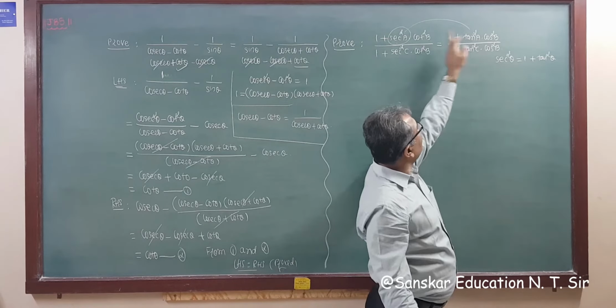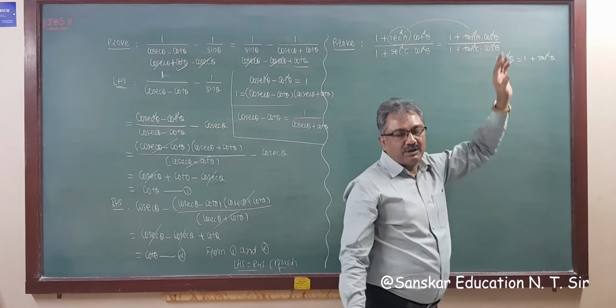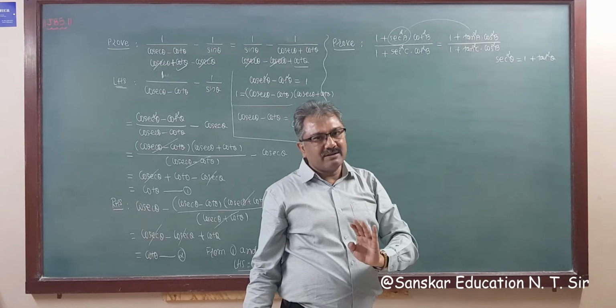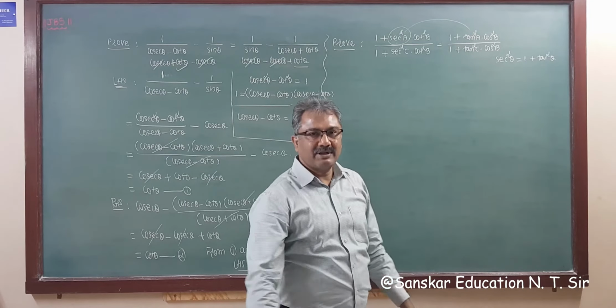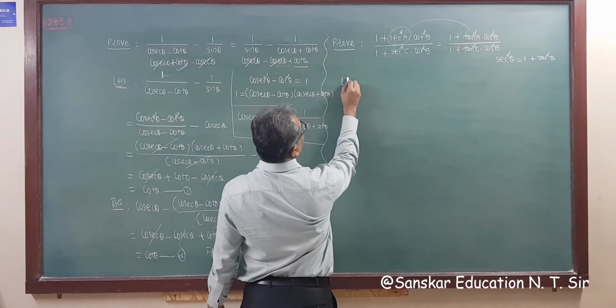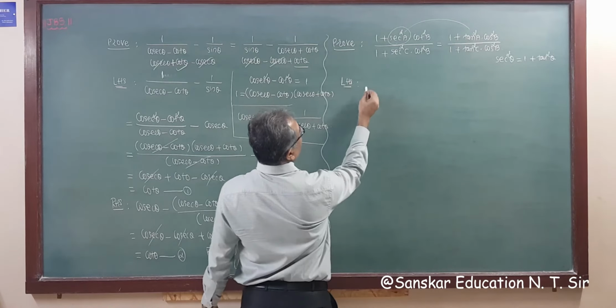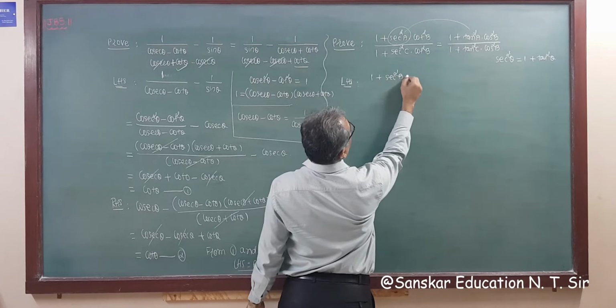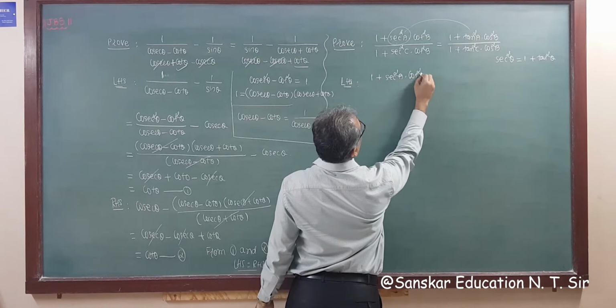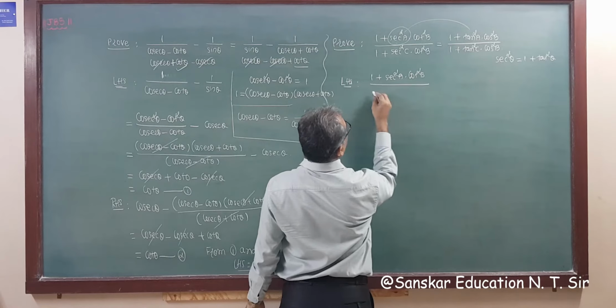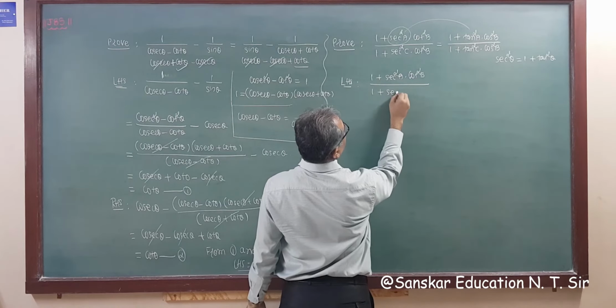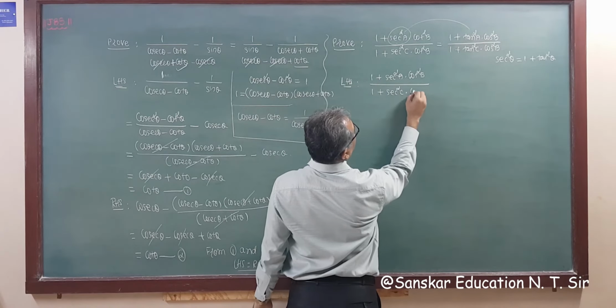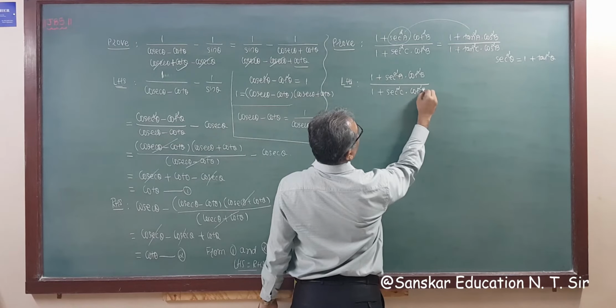Now instead of cot we require cos. So cot is cos upon sine. Let us try. For the left hand side, it is given: 1 plus sec square a into cot square b, whole upon 1 plus sec square c into cot square b.